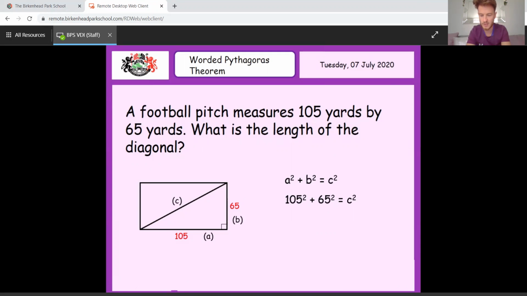Type that in on your calculator and add them together, and we get 15,250 equals c squared. Square root 15,250, and to 1 decimal place we get 123.5 yards, and that should be our final answer.